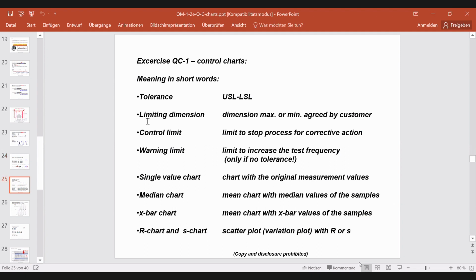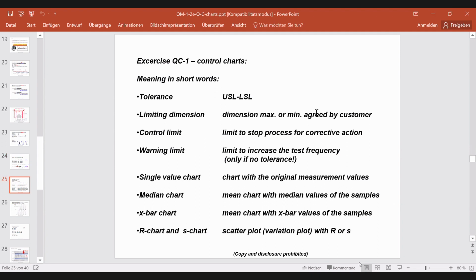And here you have some key terms or key words. What is a tolerance? The tolerance means upper specification limit minus lower specification limit. Here we have a limiting dimension. This is a dimension, can be a maximum or a minimum dimension, and this must be agreed by the customer. This cannot be defined by the supplier.